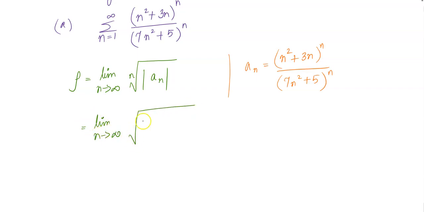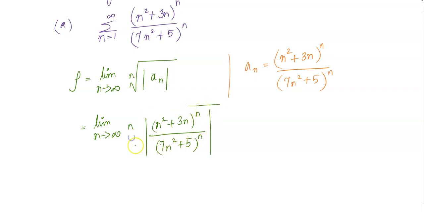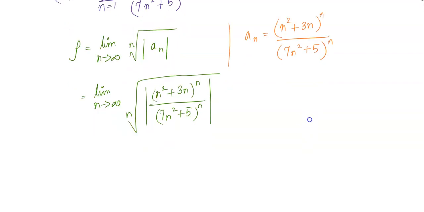The radicand is the expression under the radical symbol. So the absolute value of that, and make this radical even longer.